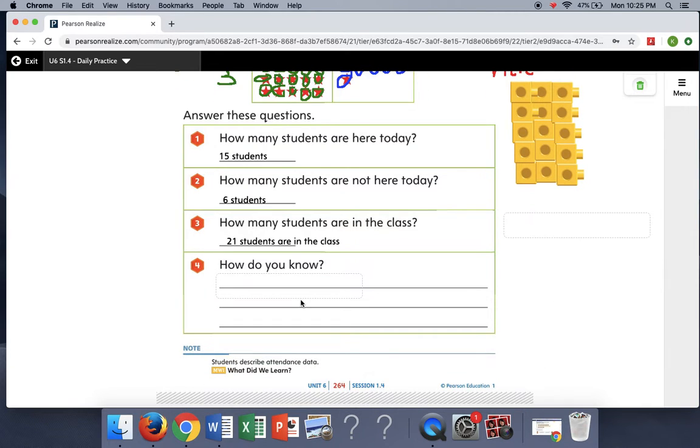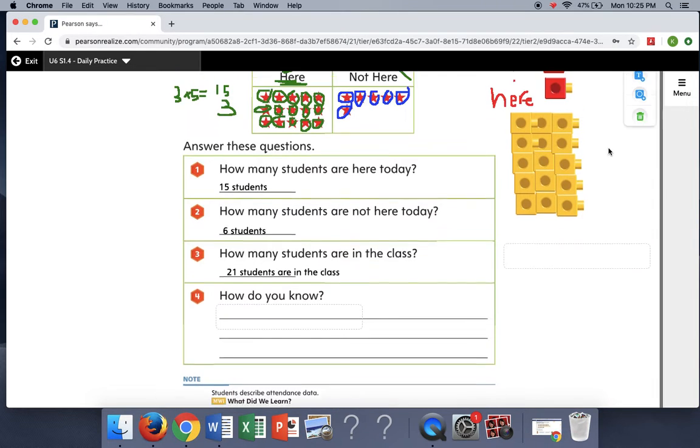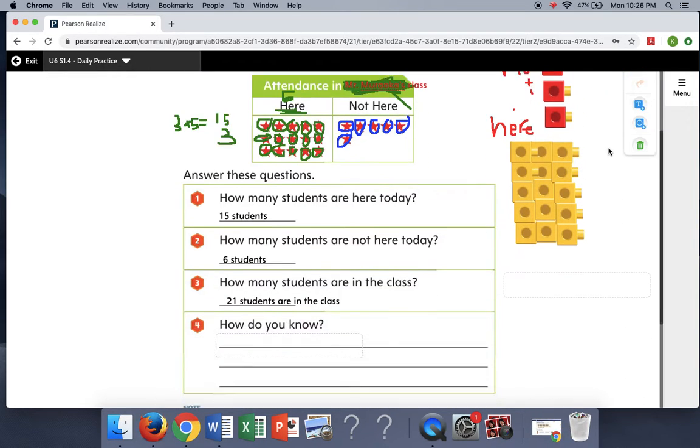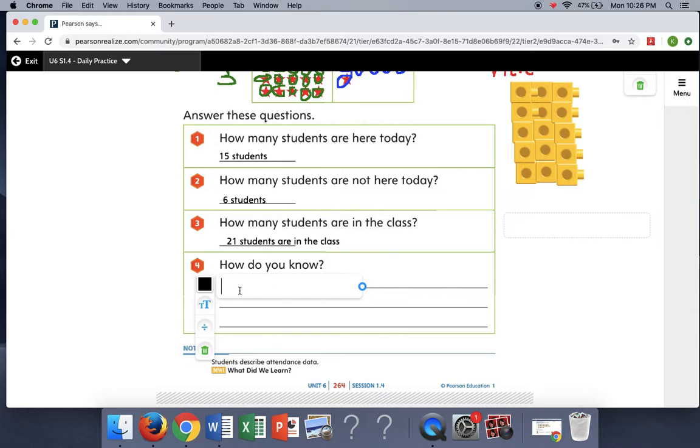And how do you know? Well, like I showed you with these cubes, you can say, I know there are 15 students who are here today.